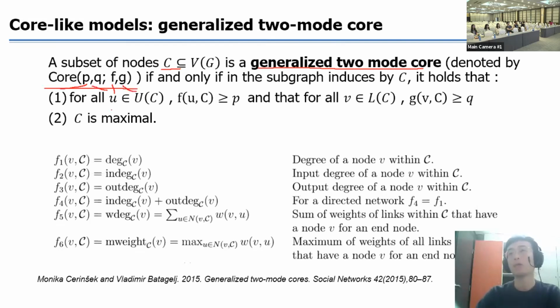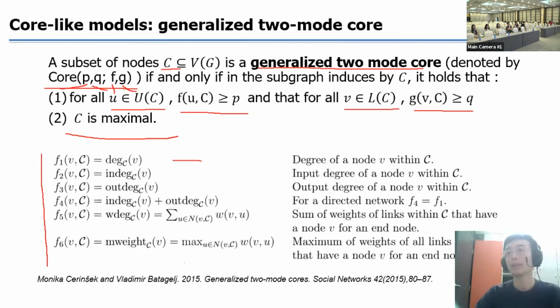We require that for all the upper layer vertices in C, f(u) is larger than or equal to p. And we also require that for all the vertices in the lower layer of C, g(v) is larger than or equal to q. We also require maximality. Here are some examples of the functions. Basically, we can use the degree of a node within C. We can also use the in-degree, the out-degree, or in a directed network, we can use the sum of weights of links.